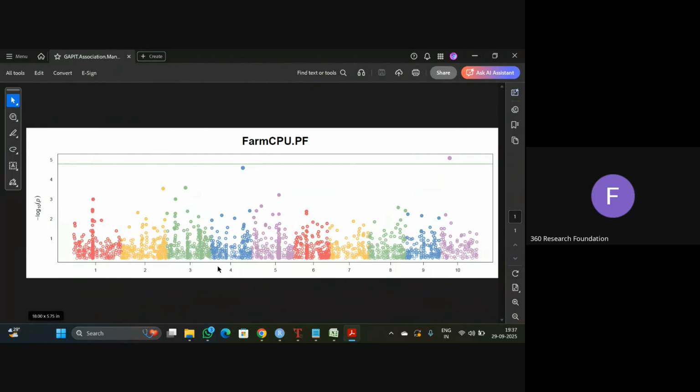On this x-axis, these are the numbers 1 to 10, so these are the number of chromosomes. And this is the distribution of markers based on these p-values.